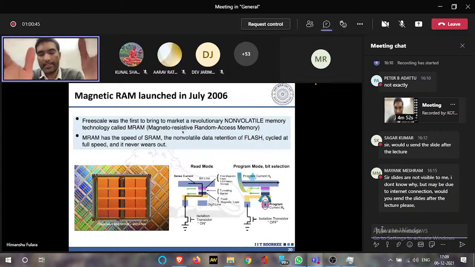So this is the part which involves tunnel magnetoresistance and giant magnetoresistance. But the significant contributions to this revolution were due to the large tunnel magnetoresistance. Why is it called tunnel magnetoresistance? Because it occurs due to the tunneling of the electrons through a spacer layer, which is basically an insulating layer.